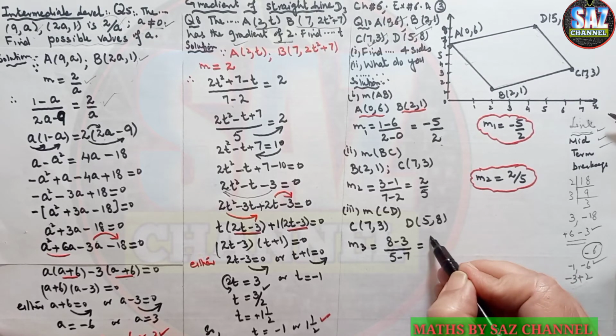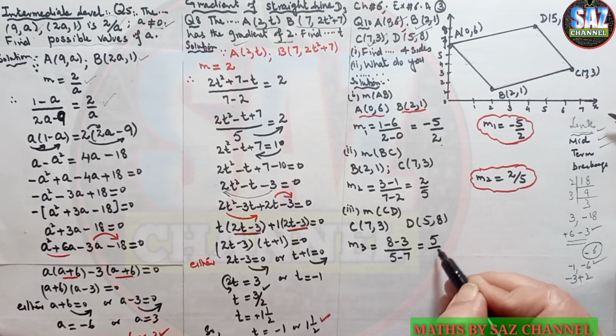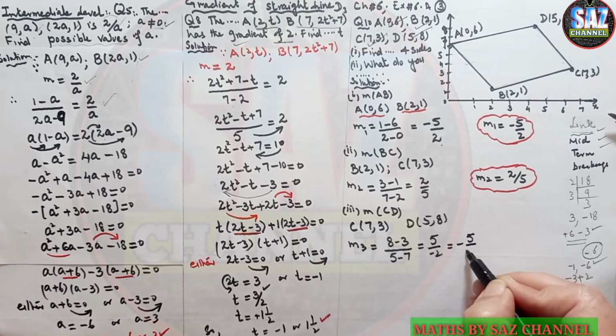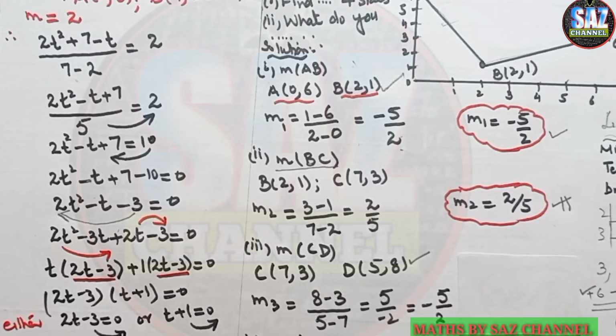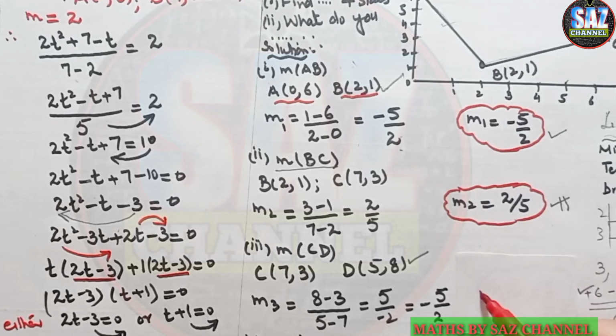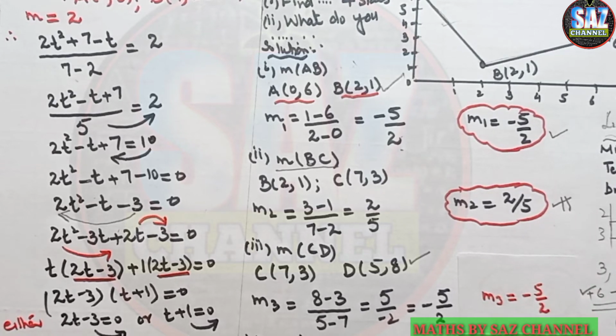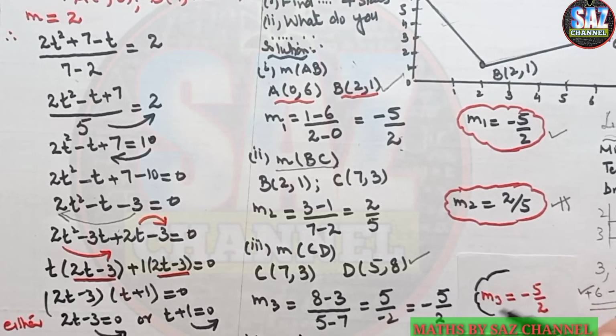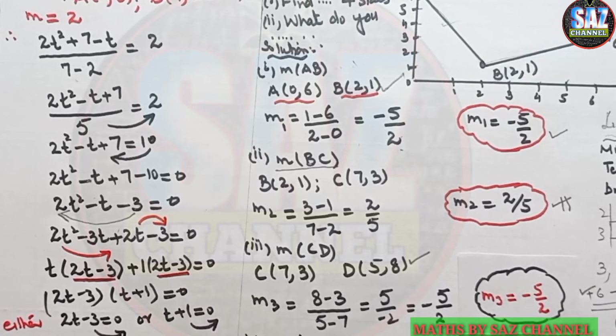This will give me 5 upon minus 2, or I can write it as minus 5 by 2. So m3, the gradient of DC, is minus 5 by 2. I am writing it in red because in this way we can differentiate the gradients of opposite sides and compare them easily.